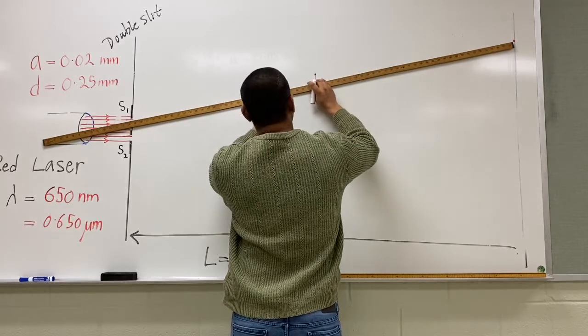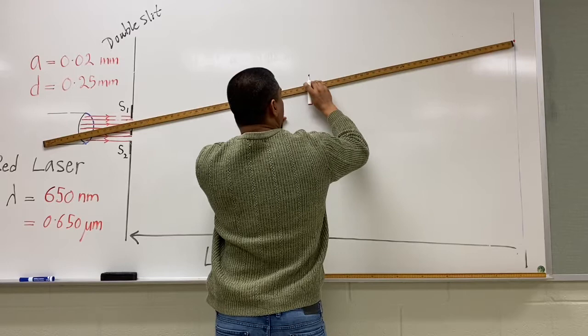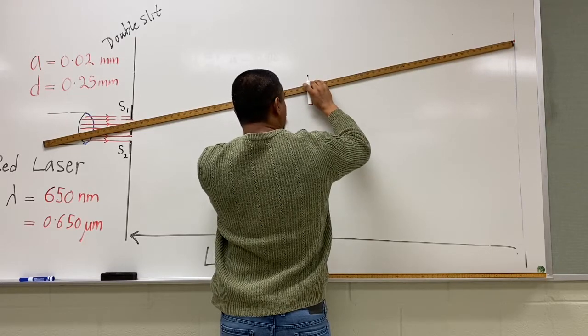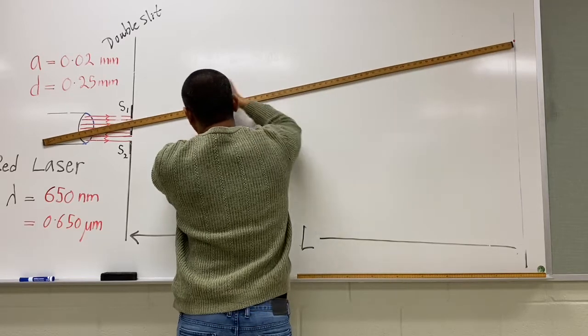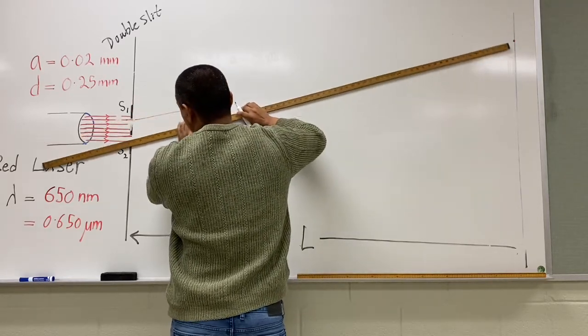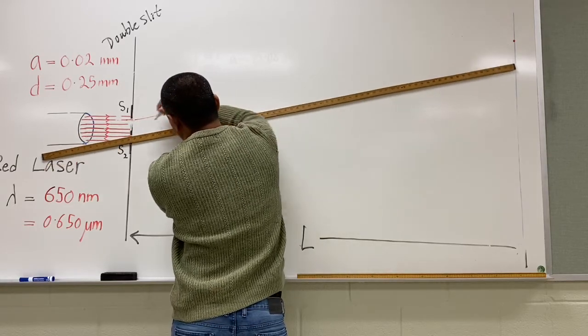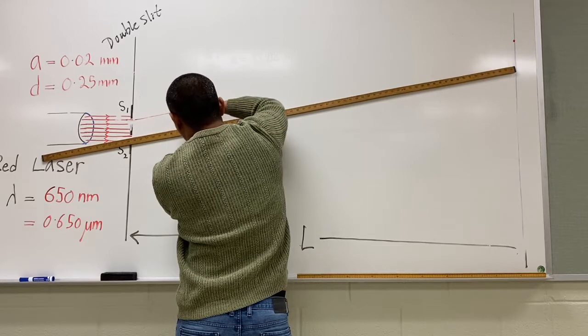In this diagram we won't see that because this diagram is not according to scale, but actually in real life these are almost parallel, like this. These two light rays are parallel.